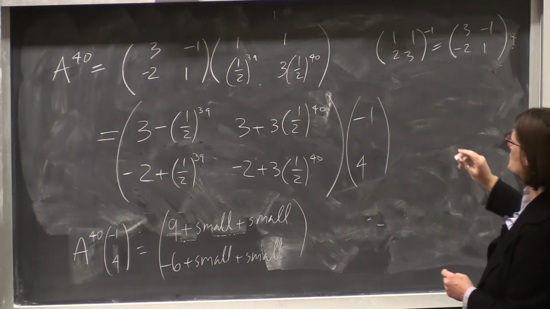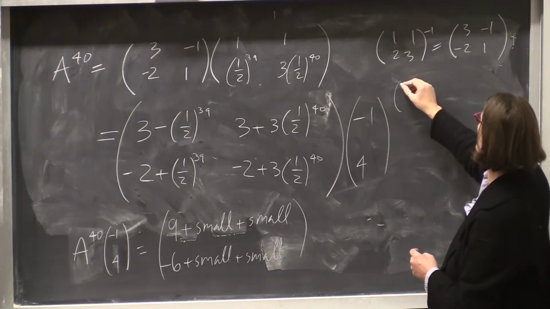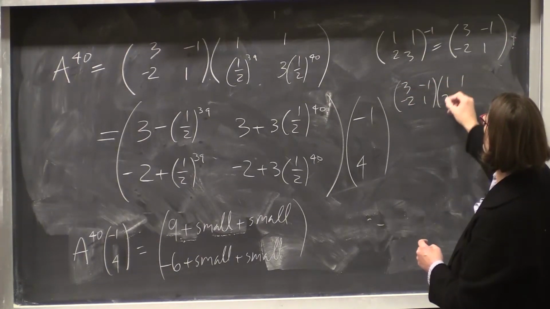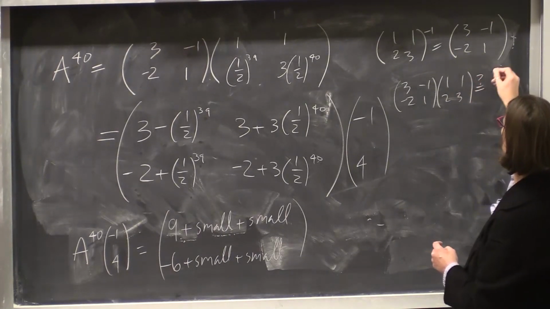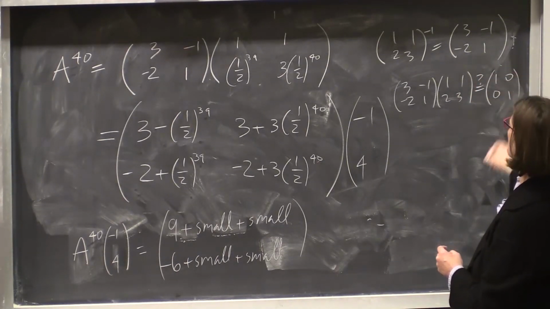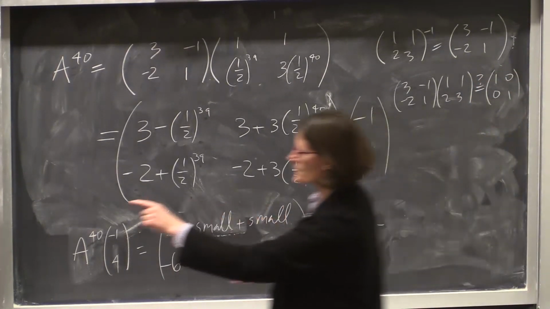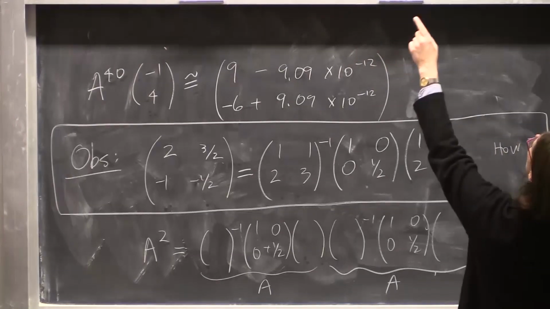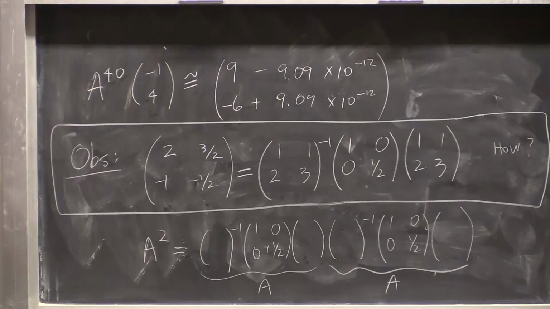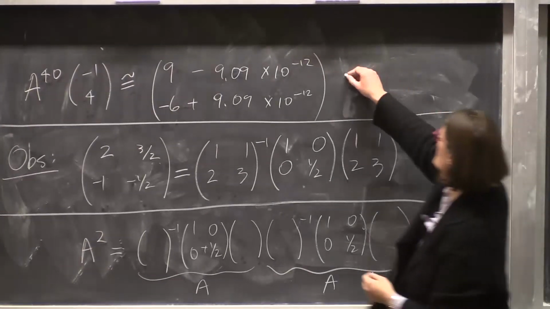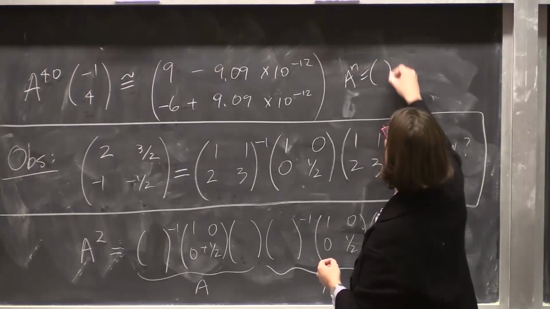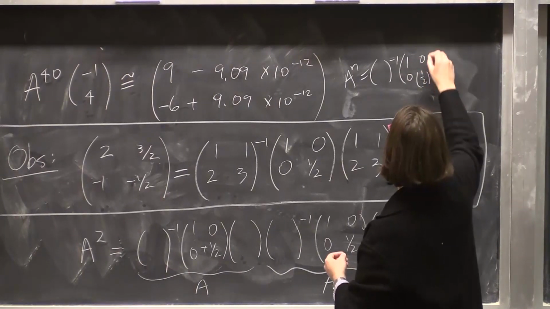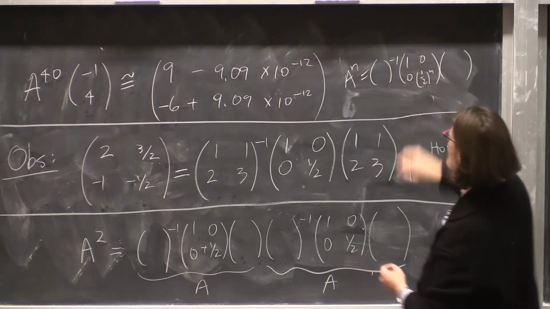So there are two ways. One thing would just be to check that 3 minus 1 minus 2, 1 times 1, 1, 2, 3 equals the identity. Because this was the general form that A to any power was going to be, that A to the n was going to be the inverse, 1, 0, 0, 1/2 to the n, that matrix.